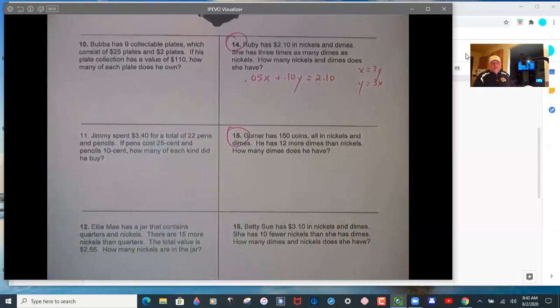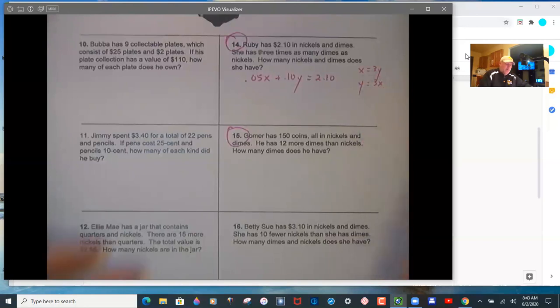So we got to make them equal. So if she has 3 times as many dimes as nickels, so let's say she had 9 dimes, that means she has 3 nickels. That won't work on this one, but it will work on the second one. If she has 9 for y and 3 for x, that'll work.